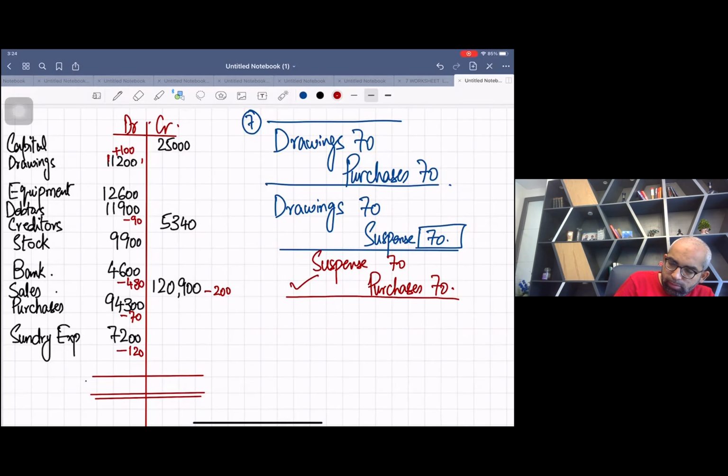This side is 1151040. You guys also try. Now let's do the debit side.